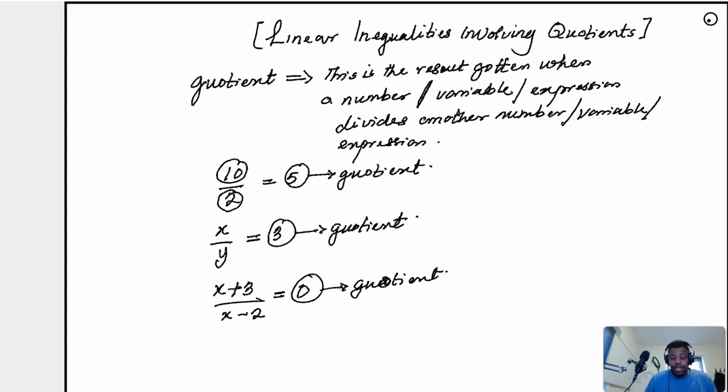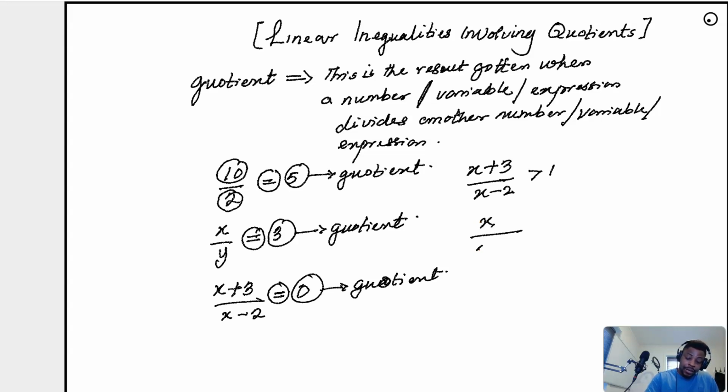Now that you know the meaning of quotient, let's link it with linear inequalities. So linear inequalities involving quotients simply means that rather than having the equality sign, as you have seen here, I'll be having the inequality signs, which makes it linear inequalities involving quotients. For example, I have x plus 3 divided by x minus 2 greater than 1, and x divided by 2x plus 1 less than 0.